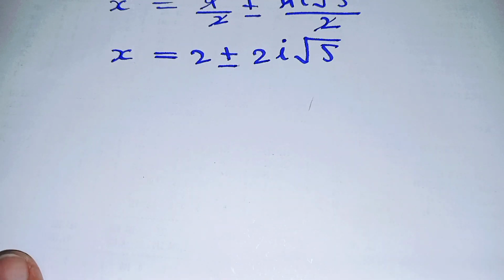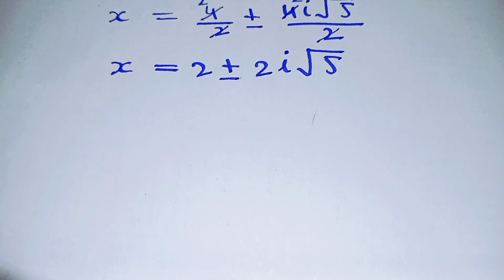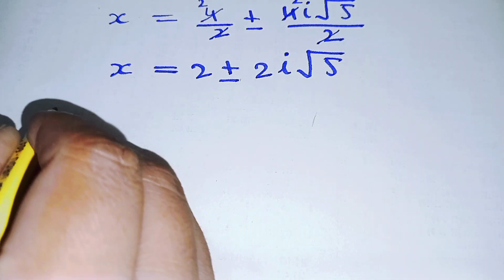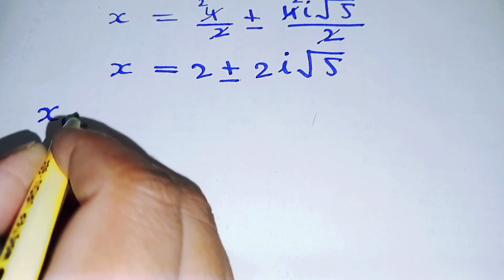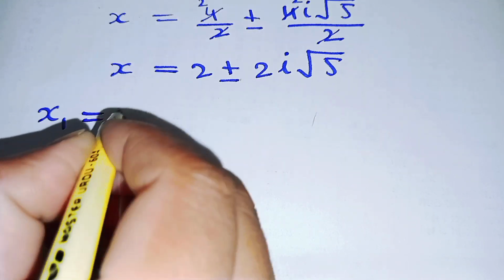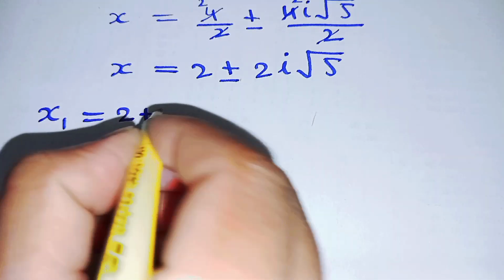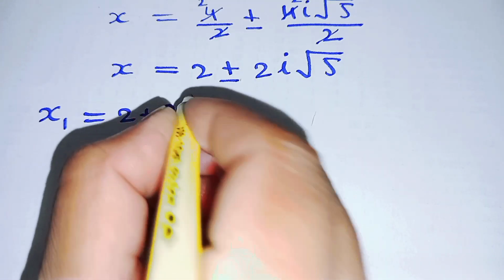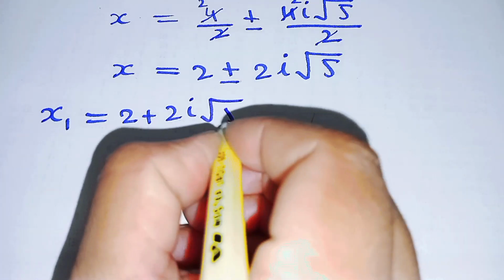Here is the first value of x, which is equal to 2 plus 2i square root of 5.